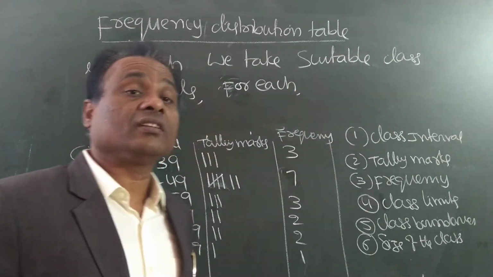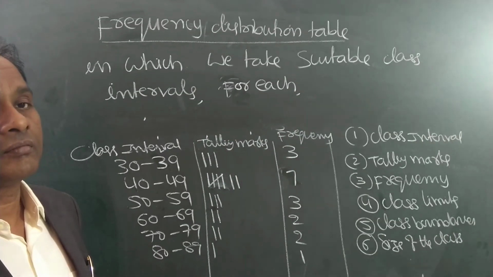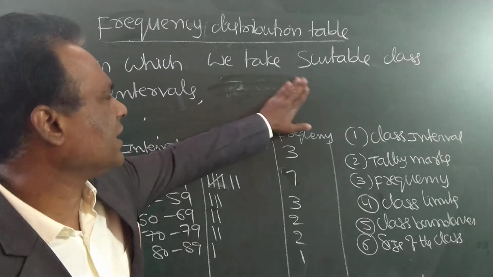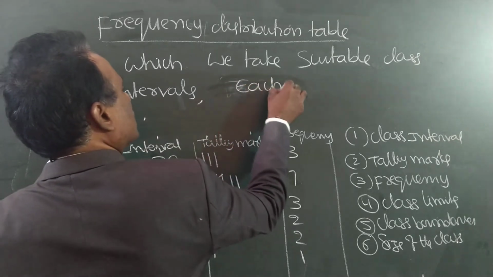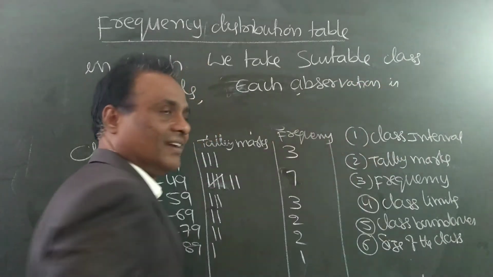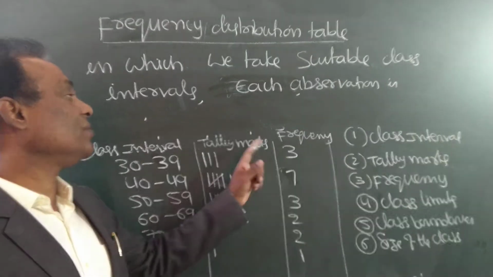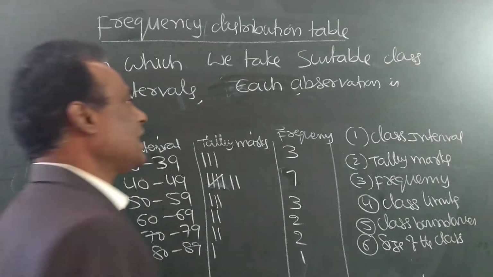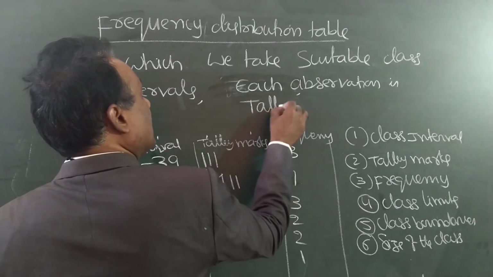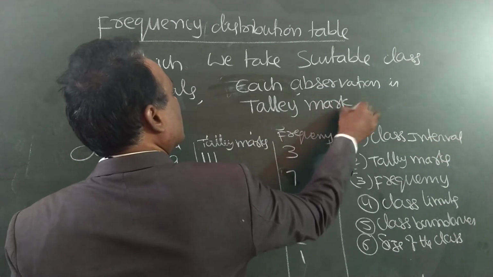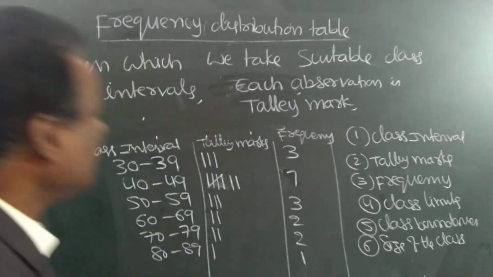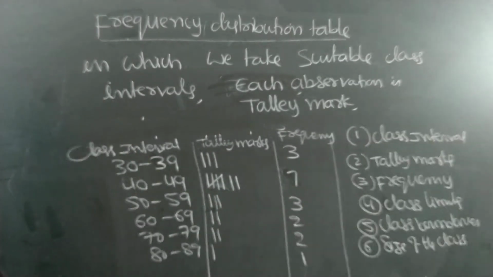For each observation, you write down: each observation is denoted by a tally mark.